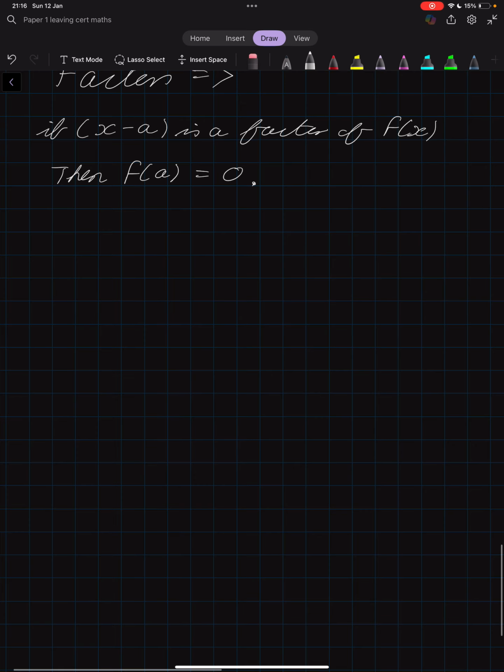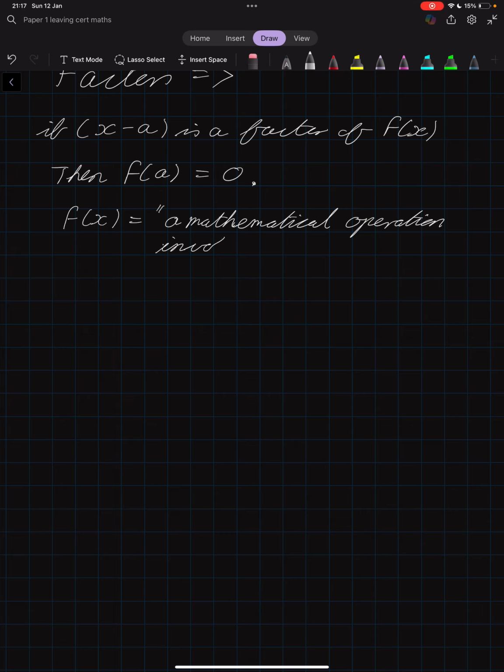Where f of x is a mathematical operation involving x and depending on x.